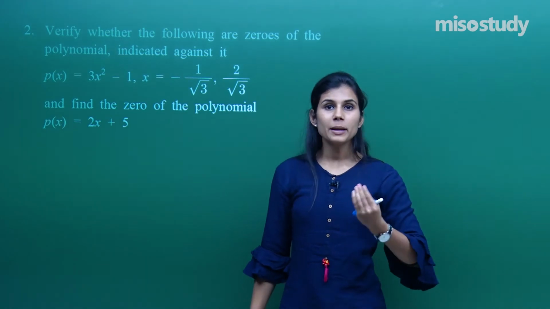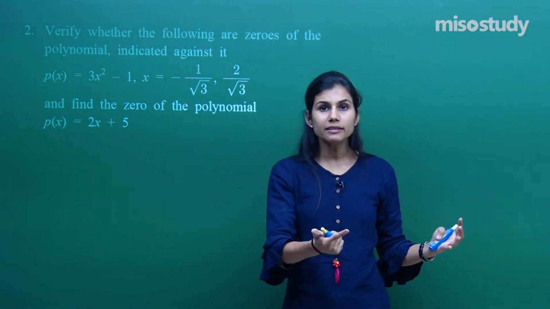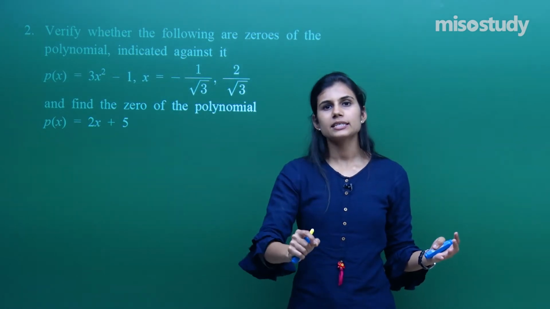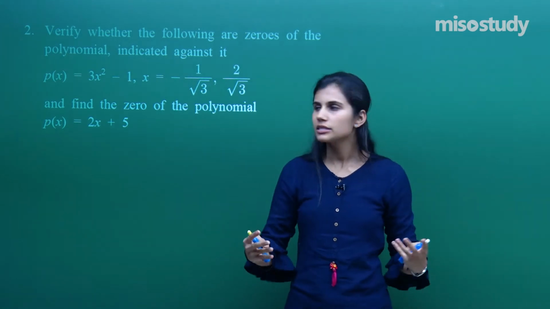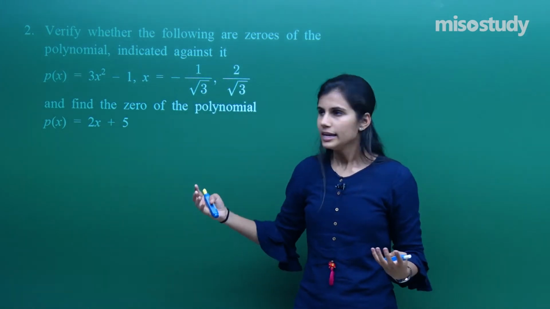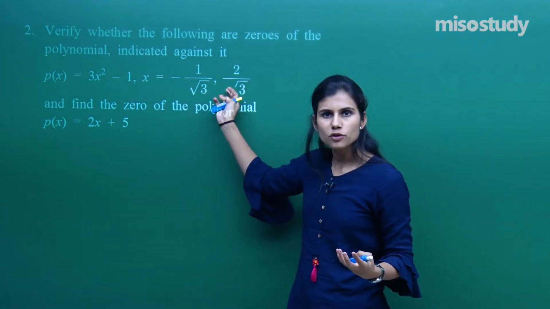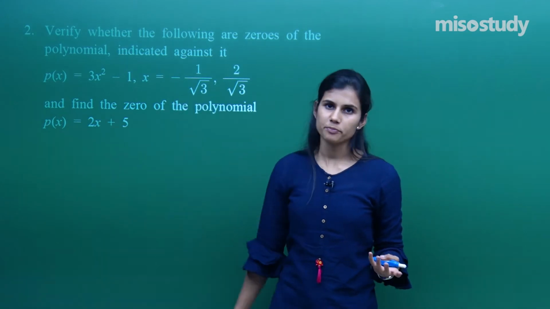Zeros of a polynomial p(x) are those values of x which, when you plug them into the expression, make p(x) equal to 0. That means p(x) vanishes for these values of x. If my p(x) vanishes for any one of these values of x, that value is said to be a zero of p(x).